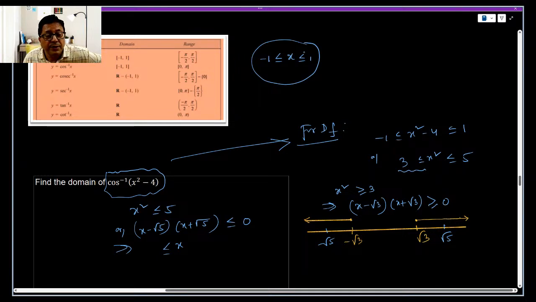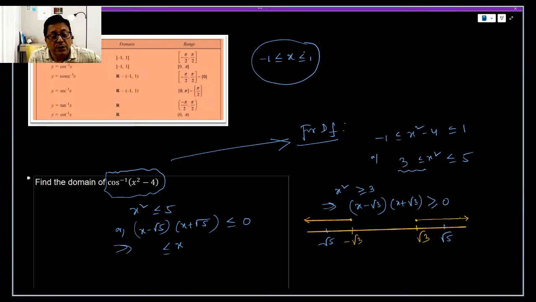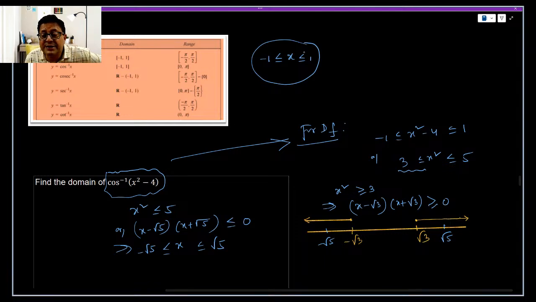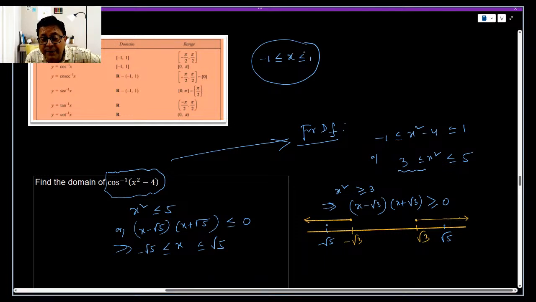Okay. So x should be greater than or equal to minus root 5 and less than or equal to root 5. So what values of x you are getting there? It is lying between minus root 5 to root 5. Okay.